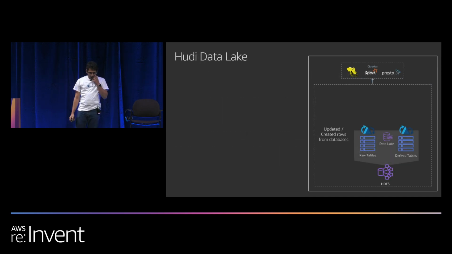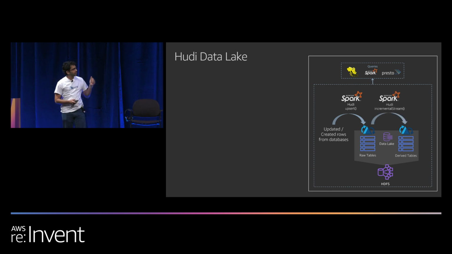So hopefully we've advanced the state of the art that we discussed before, and here is what you can do now with Hudi. For the same use case, you don't need HBase anymore. You can directly take your change logs and apply them directly on these raw tables using a Hudi upsert operation.